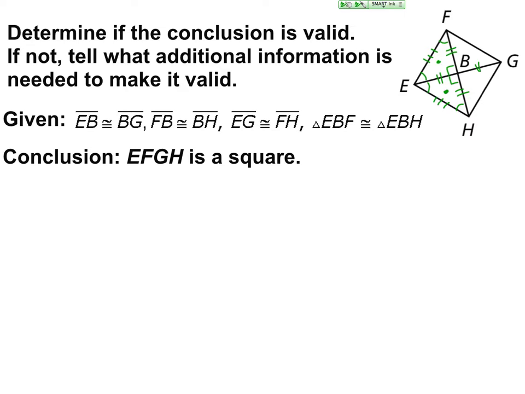Anthony, fill me in. To get a square, can we use any of these theorems to get a square? You got something you wanted to say? How can we get a square?